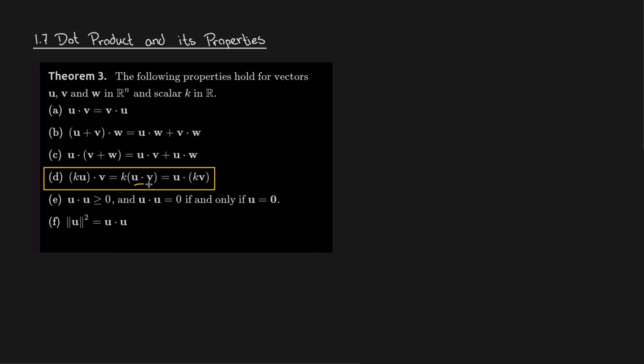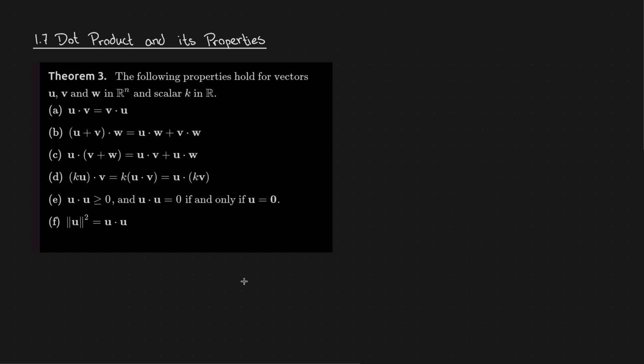It doesn't matter if I do the dot product first and then multiply by a scalar, or if I multiply by a scalar first. And it actually doesn't matter which vector I multiply the scalar by. So I can multiply the first vector by a scalar, then take the dot product, or I can multiply the second vector by a scalar and then take the dot product. Doesn't matter. I will get the same result.